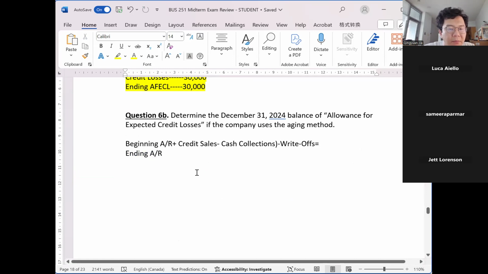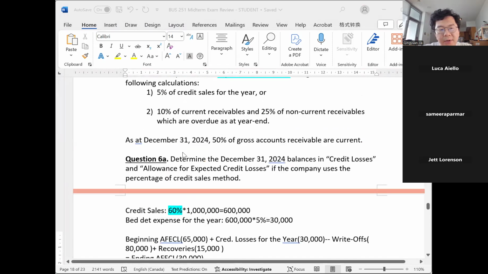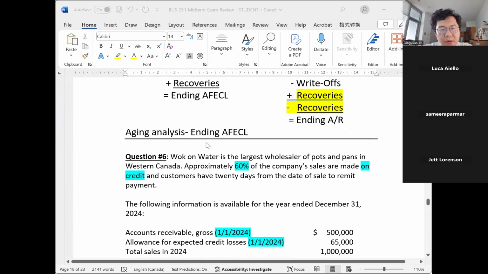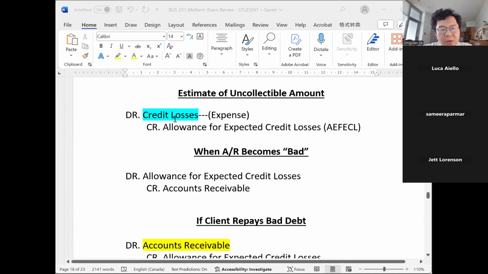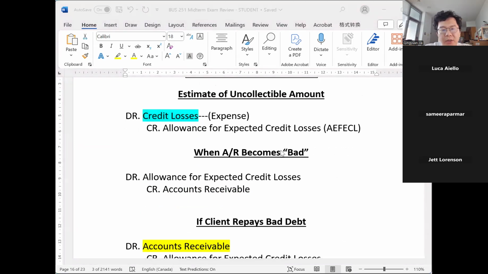No, this AFECL doesn't necessarily equal credit losses, because credit losses is the amount that happens here when you estimate your uncollectible amount, but this allowance for expected credit loss is always changing and adjusting.